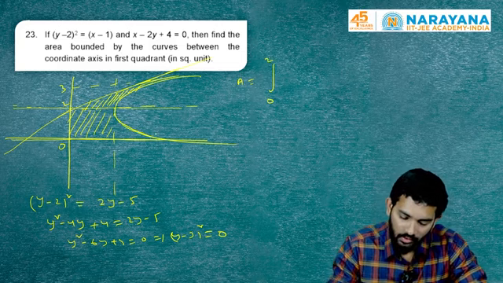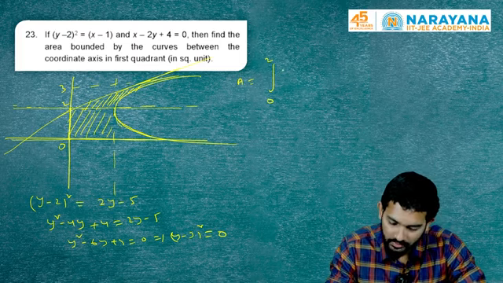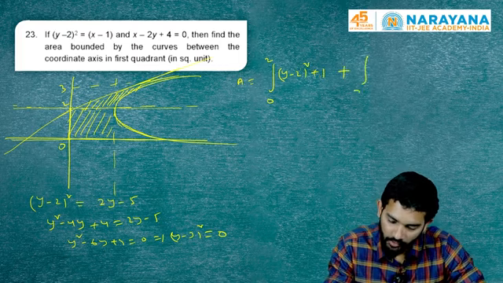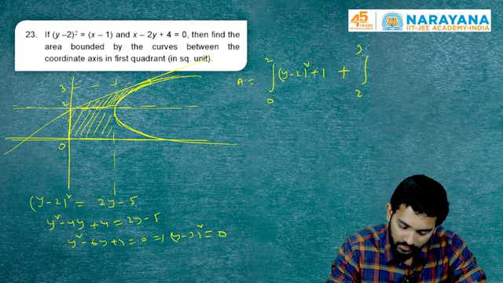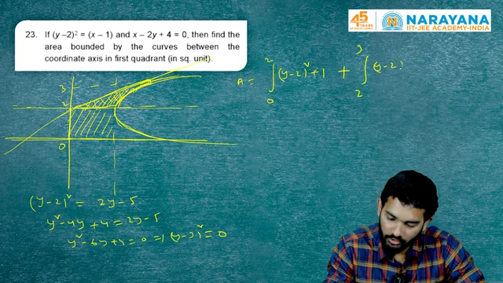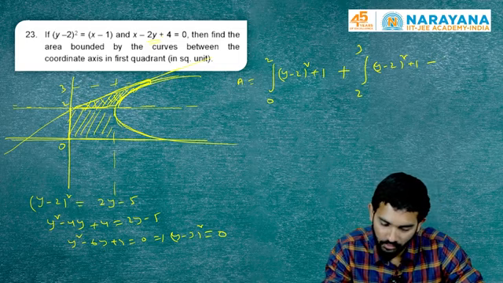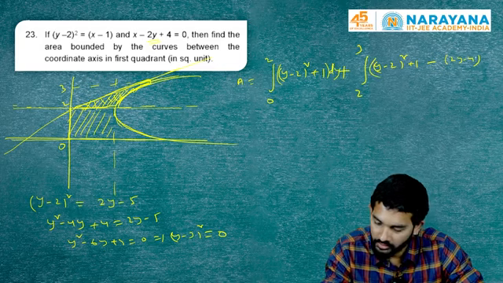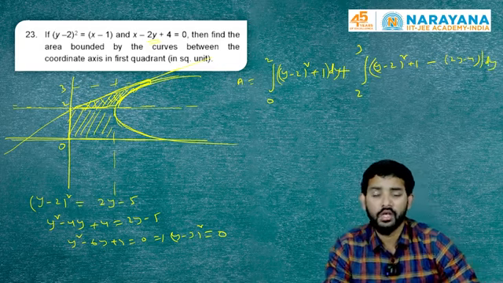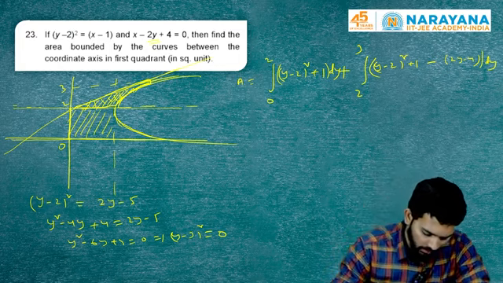This is the right curve and this is the left curve, that is x = 0, and this is x = (y − 2)² + 1, plus from 2 to 3, that is this part of the area, the right curve is again (y − 2)² + 1, and the left curve will be this straight line, that is x = 2y − 4, into dy. So we are using the right curve minus left curve concept.